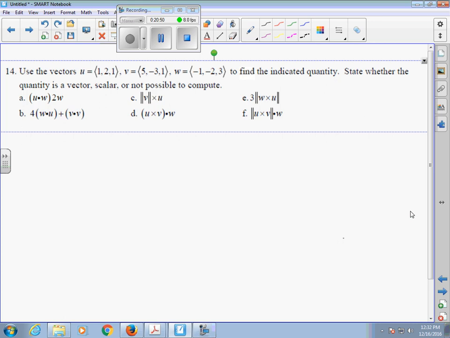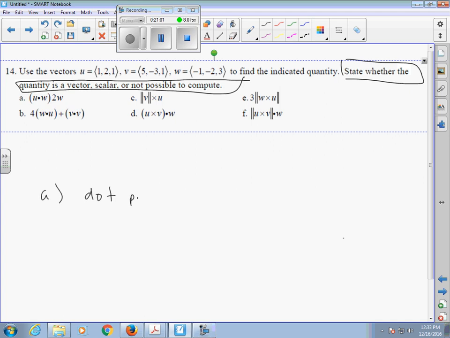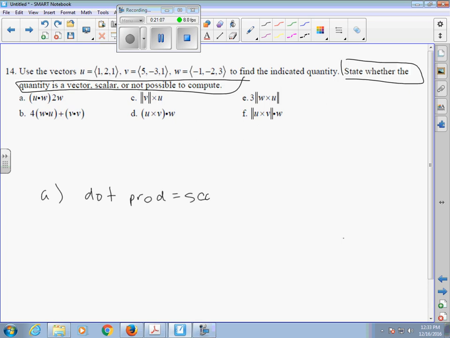What I want to focus on here is stating whether it is going to be a vector, scalar, or not possible. It's very important that the dot product is a scalar. If I take the dot product, it's going to return a number. If I add or subtract two vectors, that's going to give us a vector.